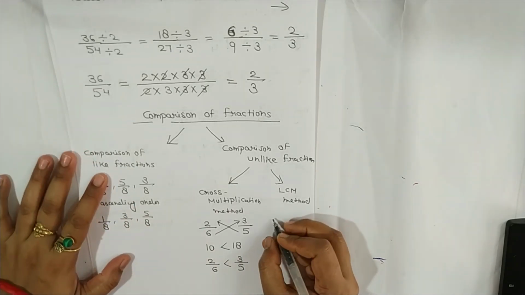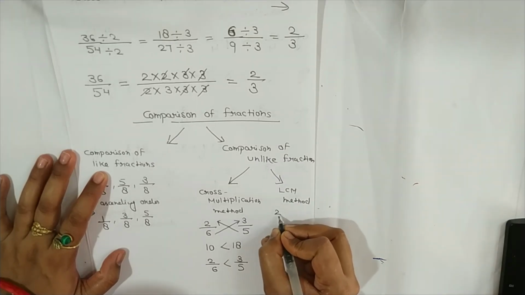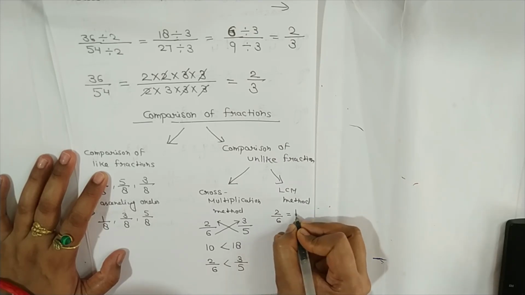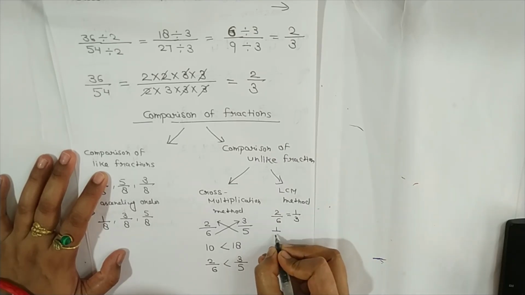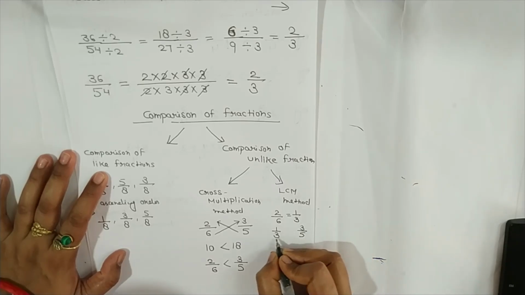Now we solve the same example by the LCM method. So 2 upon 6 can be written as 1 upon 3. So 1 upon 3 and 3 upon 5. So take the LCM of 5 and 3.